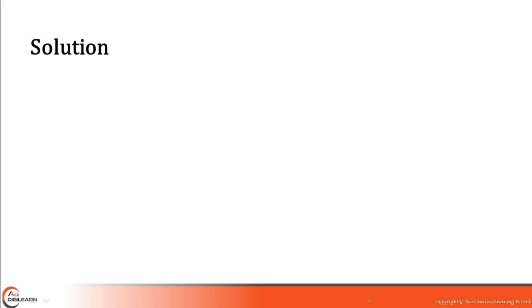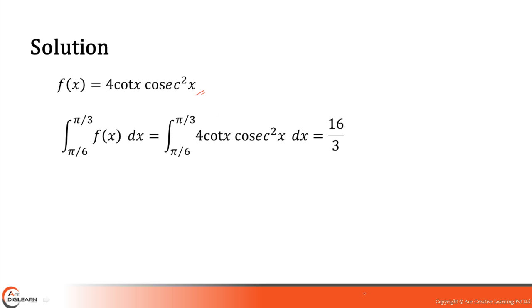See the solution. As we discussed earlier, the given determinant contains functions of x in all the rows. Hence, expanding the given determinant, we get the value 4 cot x cosecant square x, and integrating it under the limits pi by 6 to pi by 3, we get the answer 16 by 3.